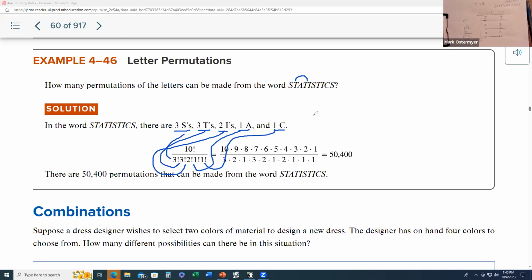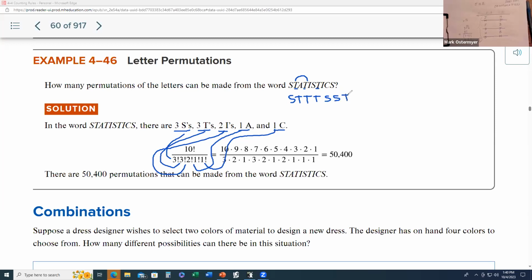But ladies and gentlemen, what do you think? Could I maybe go with S, T, T, T? We accounted for all the T's. Maybe S, S, S, we accounted for all the S's.